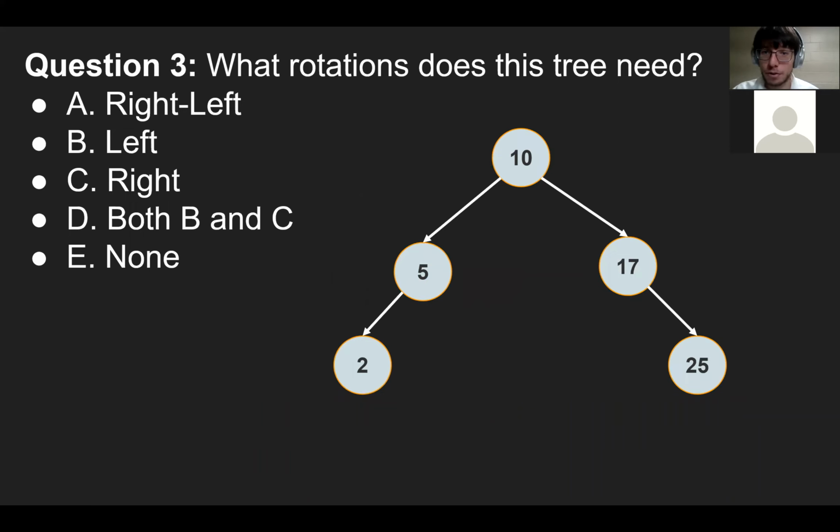Okay, so question 3. What rotations does this tree need? This one's definitely a little bit trickier.